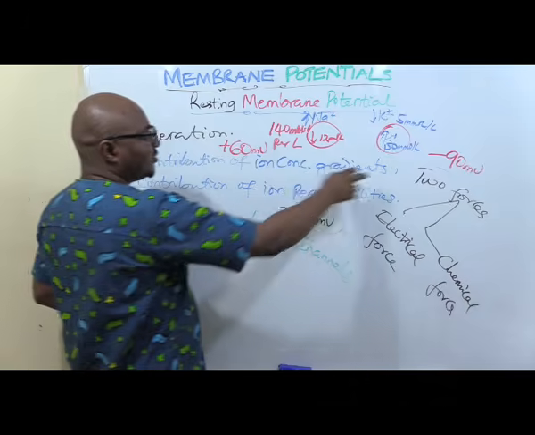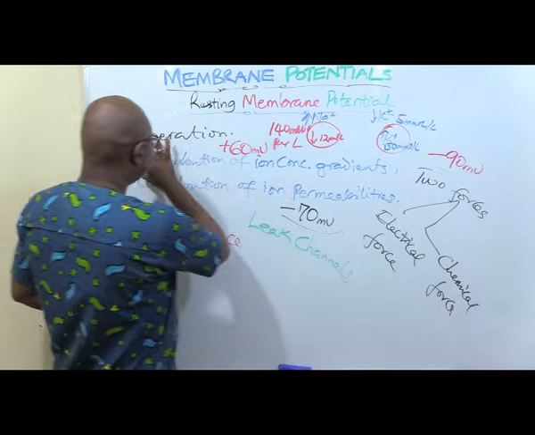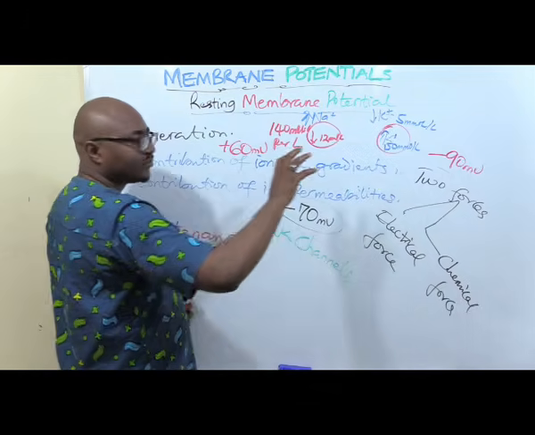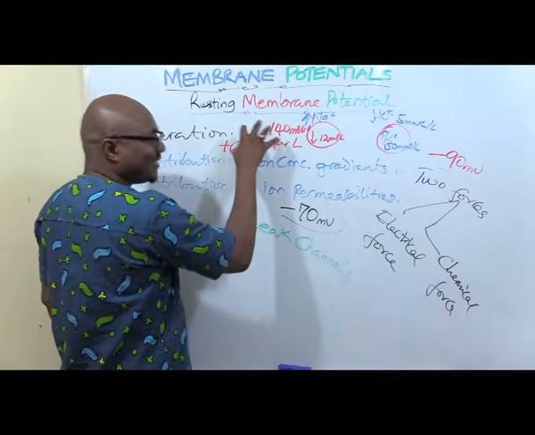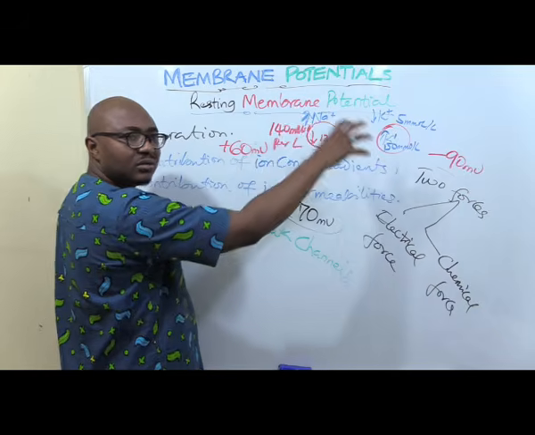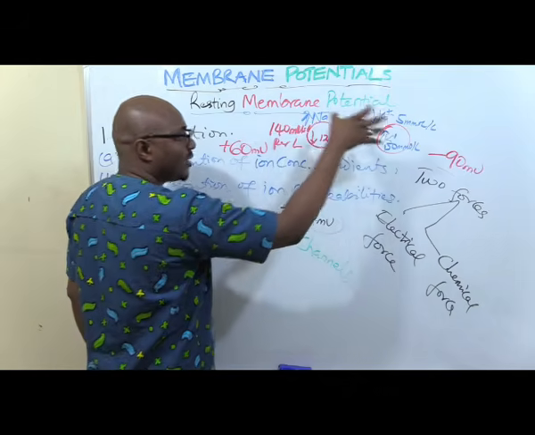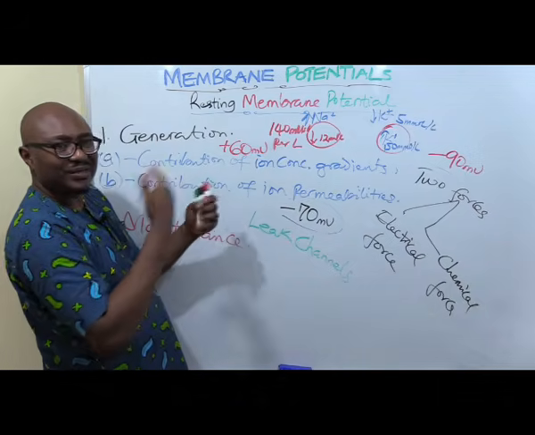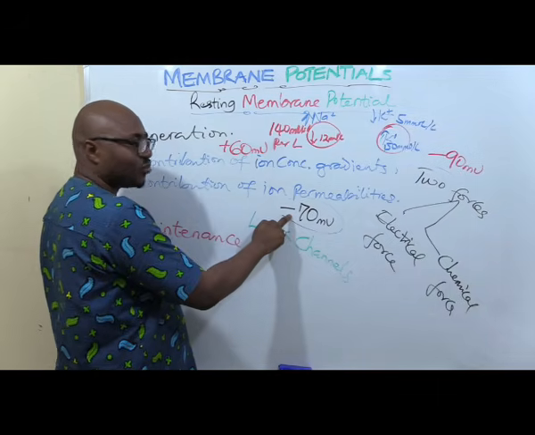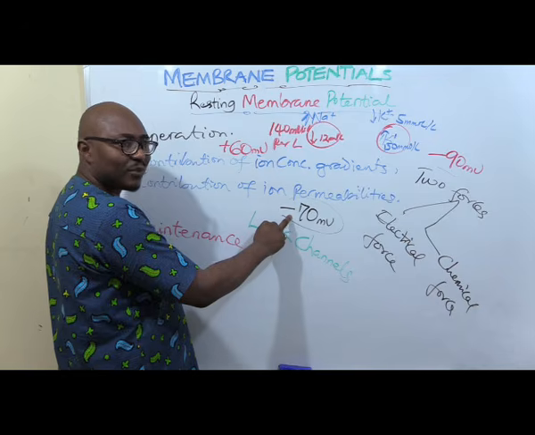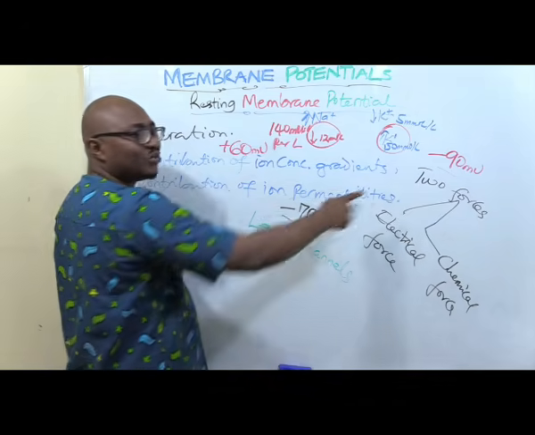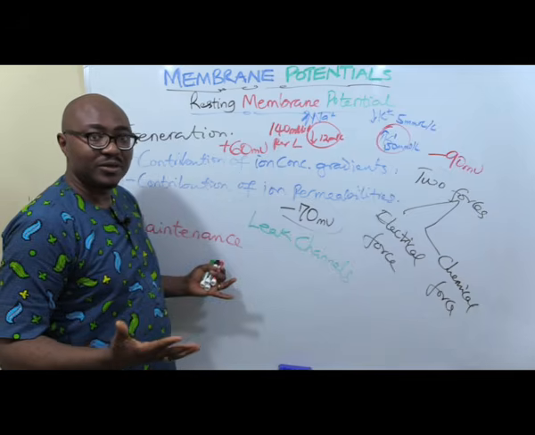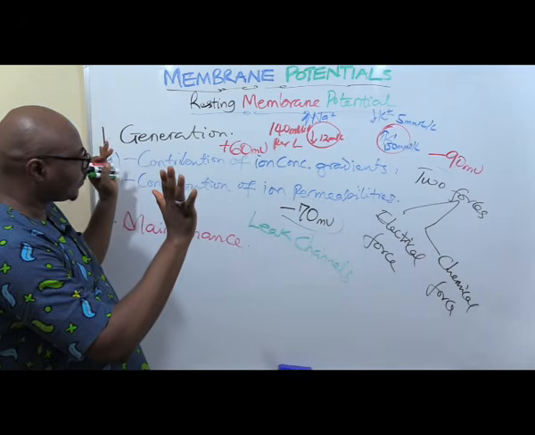So this equilibrium potential contribution of the ionic gradients has helped us to understand the equilibrium potential of individual ions, sodium and potassium, and then the permeabilities has now helped us to understand the final resting membrane potential being closer to the equilibrium potential of potassium because of the numerous leak channels. Do you understand that now?